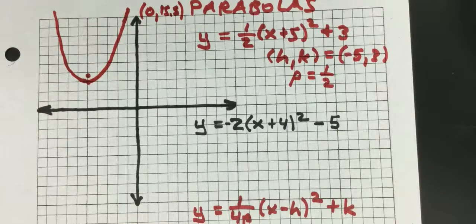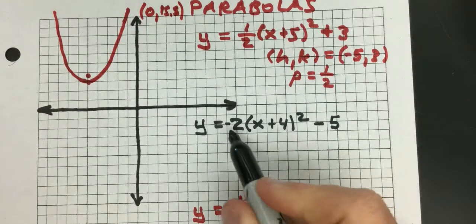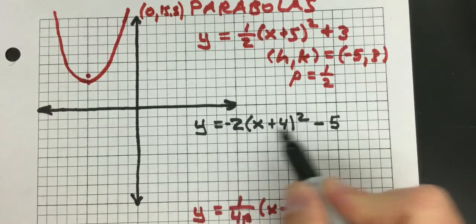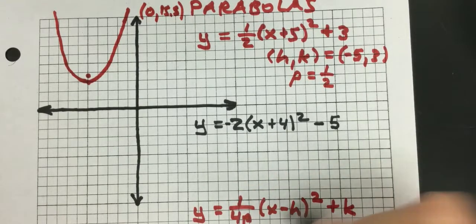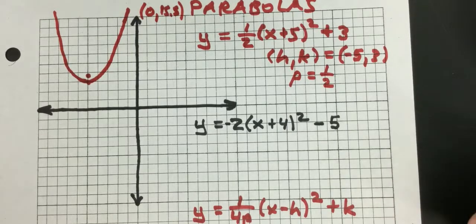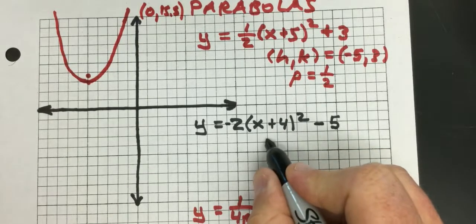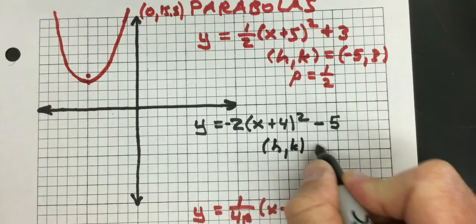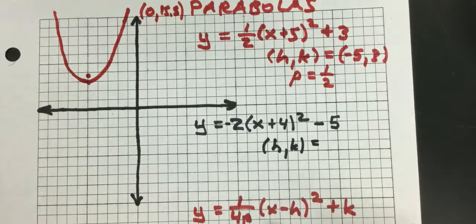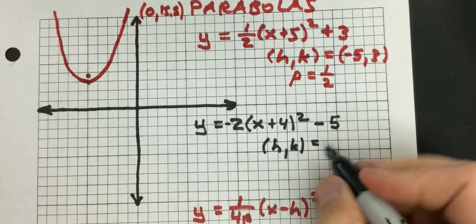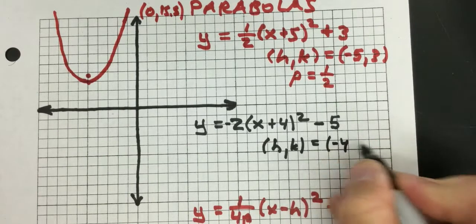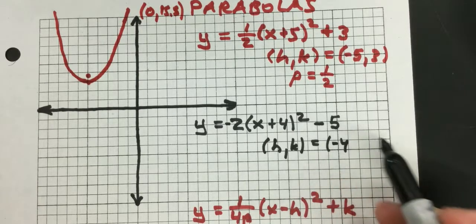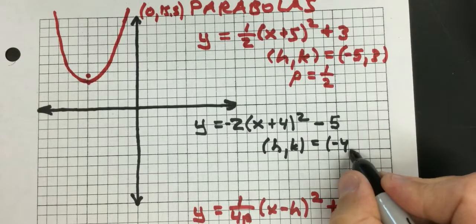Let's work on the second one here at the bottom. This is going to be a downward pointing parabola since it has this negative coefficient of the x squared term. Let's go ahead and find h and k. Comparing to the standard form, it looks like the h here is going to be -4, and our k value here is going to be -5.